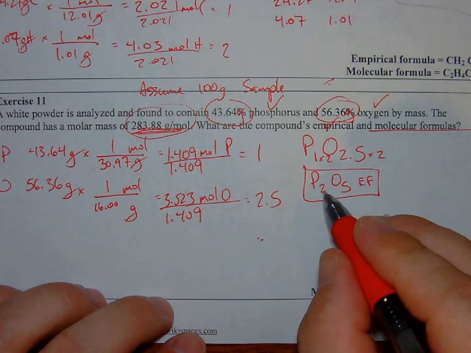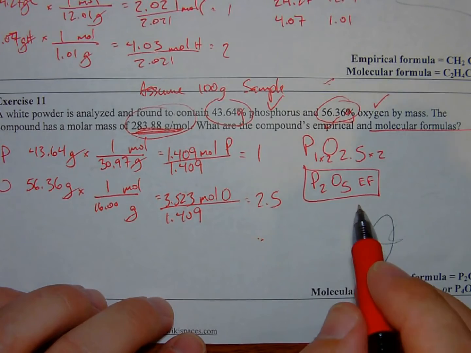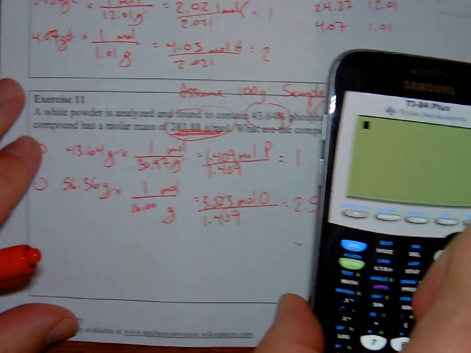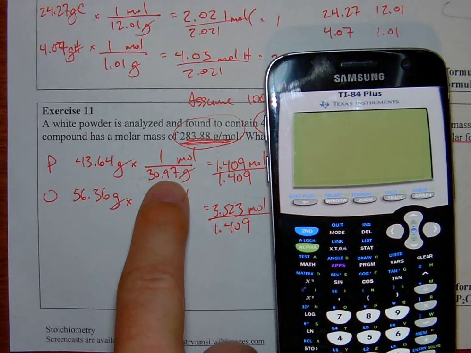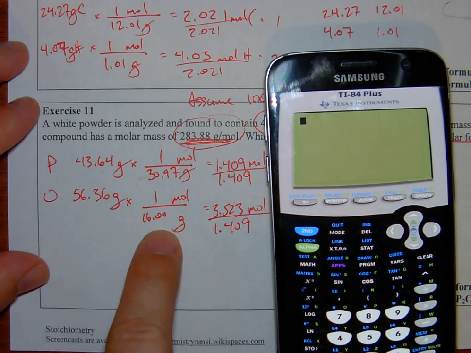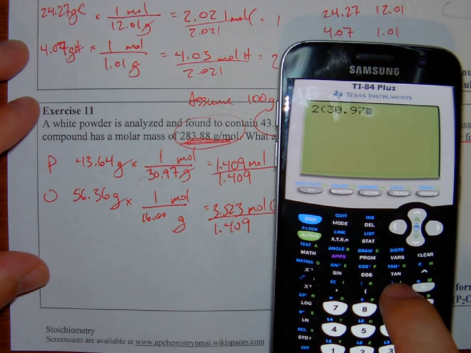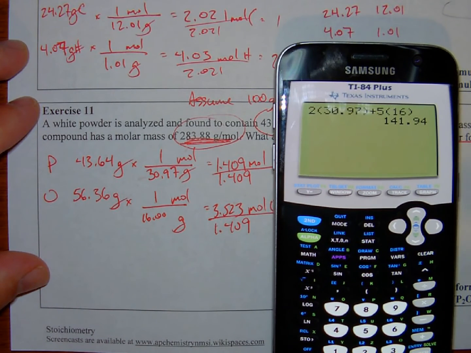Now, I've already been given the molar mass of the substance. So what I need to do is figure out the molar mass of the empirical formula so I can figure out how many empirical formula units it takes to get the molecular formula. If you remember, I already looked at the periodic table to see what the mass of phosphorus is and what the mass of oxygen is. Now I have 2 phosphorus atoms, and so I'll type in the molar mass of phosphorus plus 5 oxygen atoms.